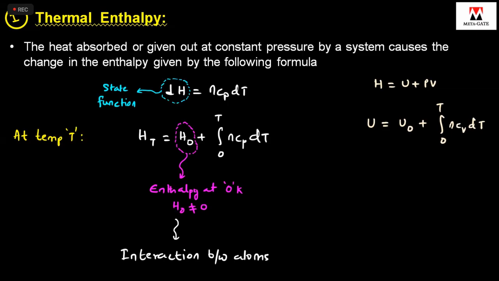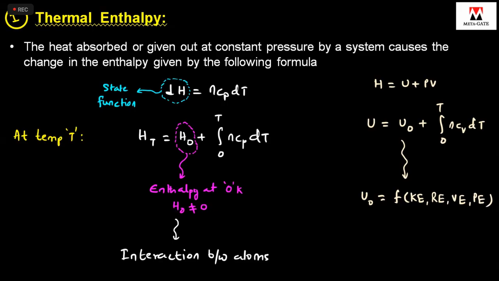Now, please understand that U naught depends on multiple things. U naught is a function of kinetic energy, rotational energy, vibrational energy, and potential energy.